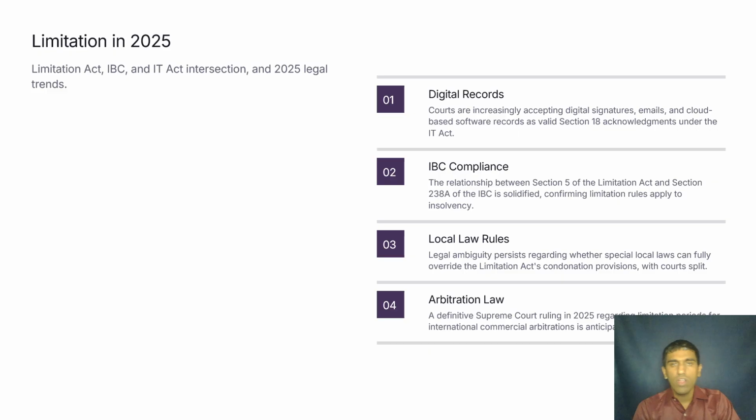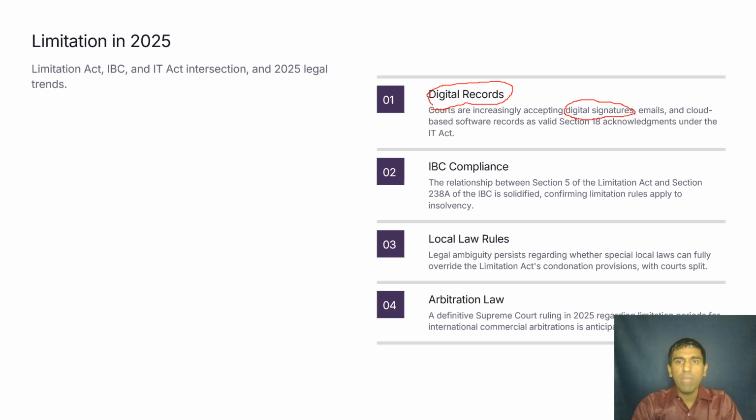So when it comes to the Limitation Act, there have been some ongoing trends which have changed the avenue of limitation. One, when it comes to digital records, everything is digitized nowadays, so courts are now accepting digital signatures.